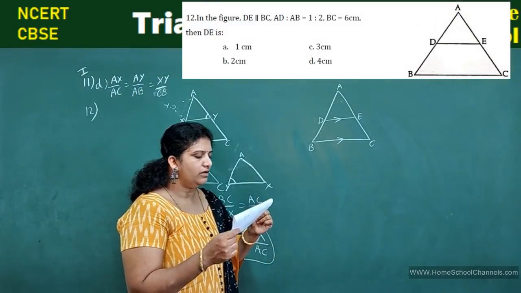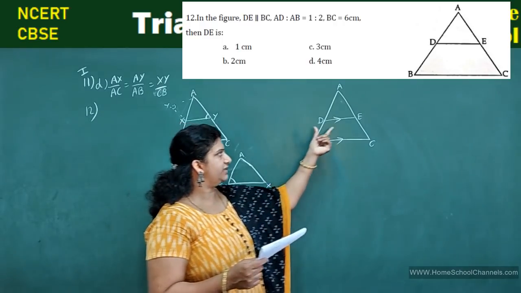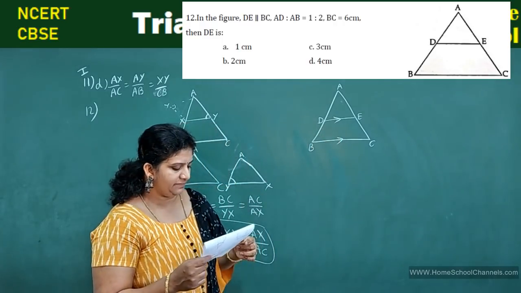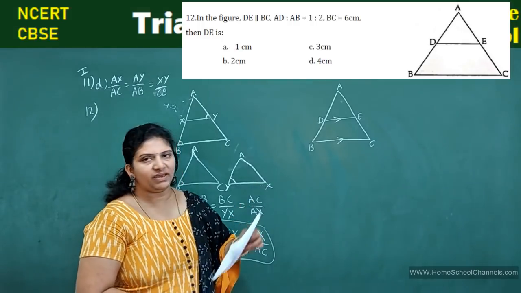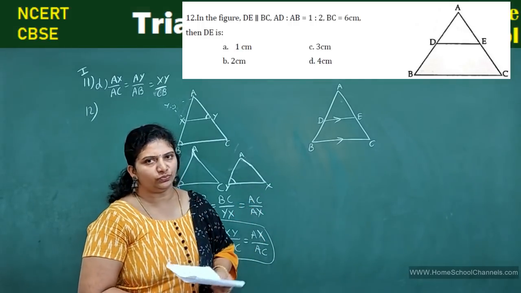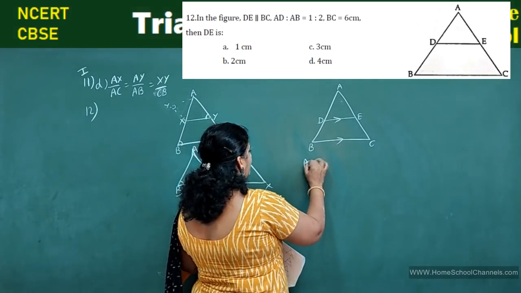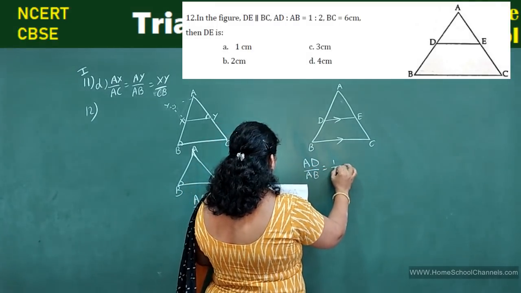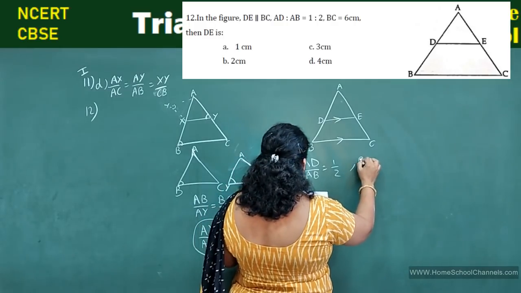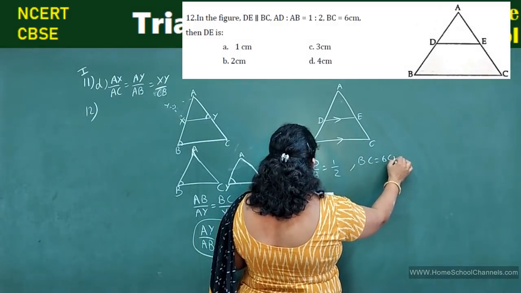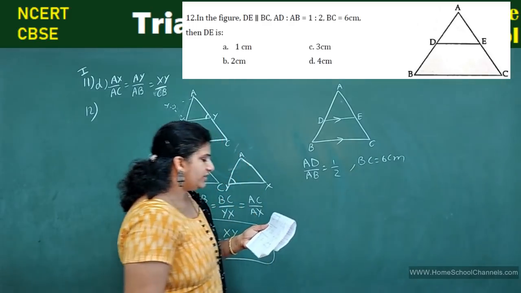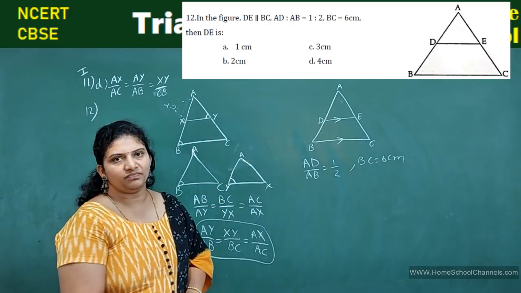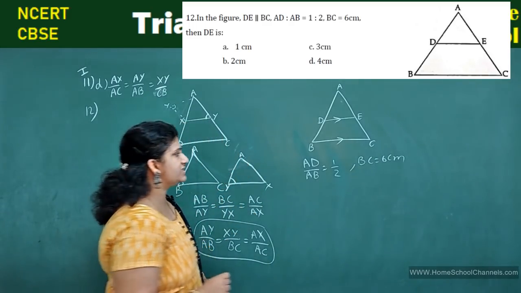12th one. In the figure, DE is parallel to BC. AD is to AB is equal to 1 is to 2, AD by AB is equal to 1 is to 2. And given BC is equal to 6 centimeters. Then what is DE? That is your question.